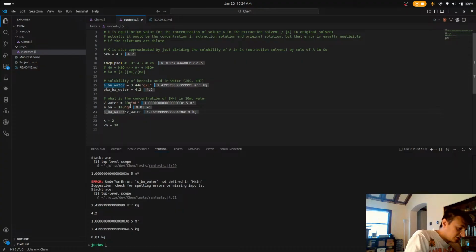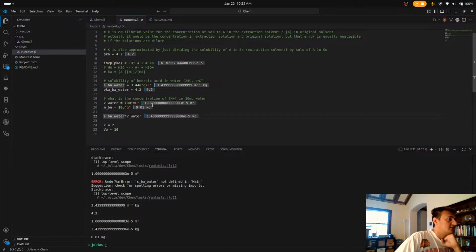So 10 grams of BA added to 10 milliliters of water. I mean, actually, we know it just from this. This is how much it is.